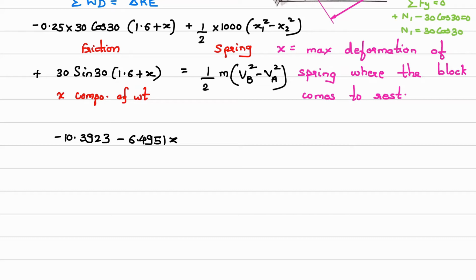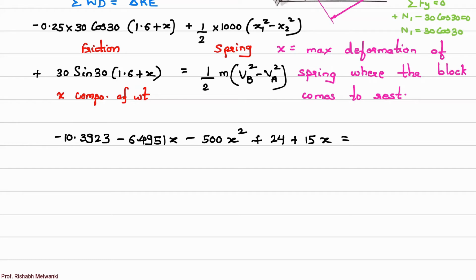Then we have the work done because of the spring force. x1 is 0 and x2 is x, so for x2 square we have to consider minus x square. So minus half of 1000 is 500 into x square. Then we multiply this value with 1.6 and get 24, and multiplying with x, you will get 15x.